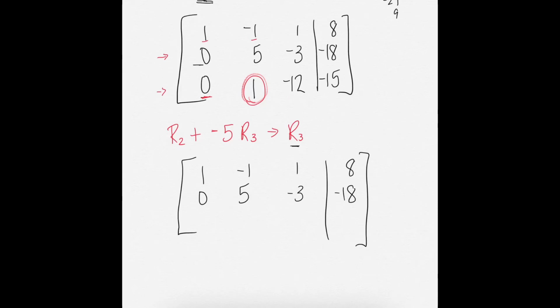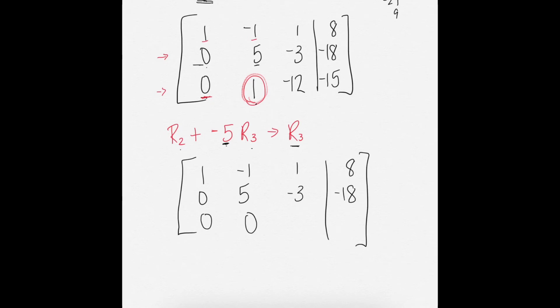My next one here, I've got row 2, so 0 plus -5 times row 3, which was 0. So 0 and 0 make 0. That's why we chose this one. Then we have row 2 is 5 plus -5 times 1. That's -5. 5 and -5 make 0.